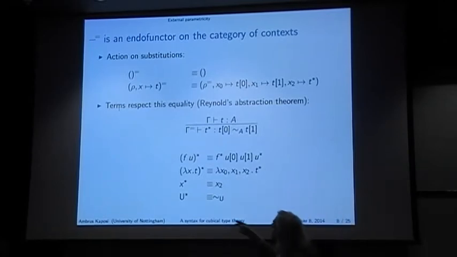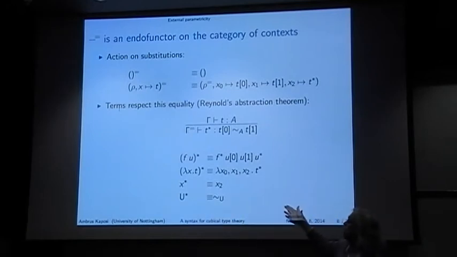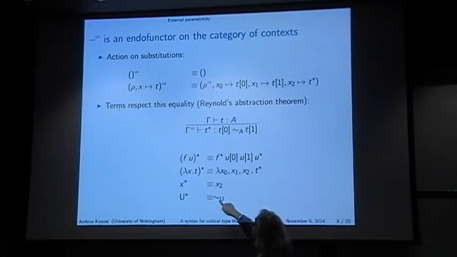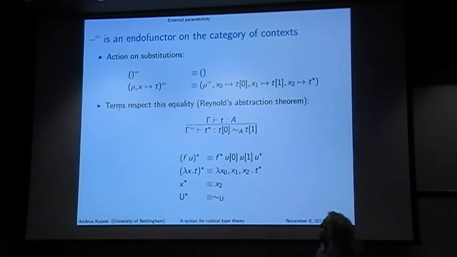The base case is how we translate variables, and we translate variables just as x star. And how do we translate the universe? Here we just use the definition of equality of the universe, which matches exactly what we need at this point.